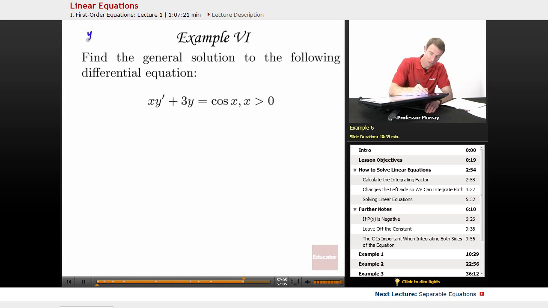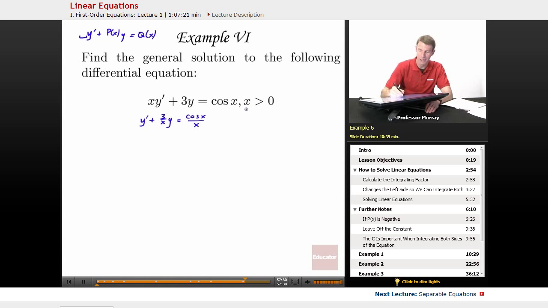Remember, the form for a linear differential equation is y prime plus p of x times y is equal to q of x. In particular, there's not any coefficient in front of the y prime, which is what we have here. So I'm going to divide that away to start. So y prime plus 3 over x times y is equal to cosine x over x.